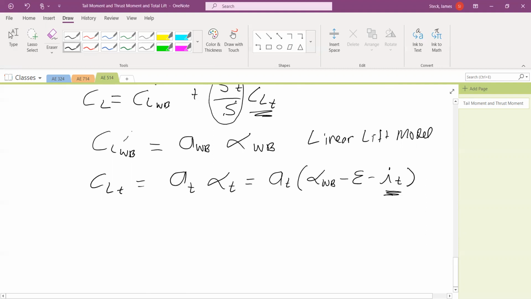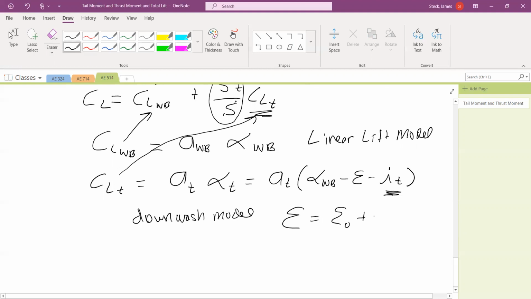So this is not hard. We simply do some algebra. We add all this stuff together. The last piece of the puzzle is we need what's called a downwash model. This simply says that the downwash at the tail is modeled as a linear dependency on the angle of attack.